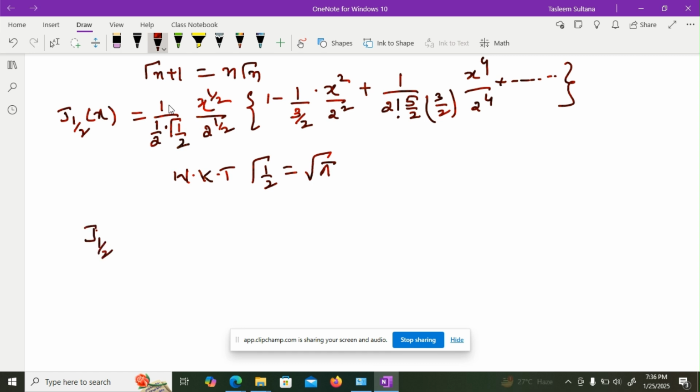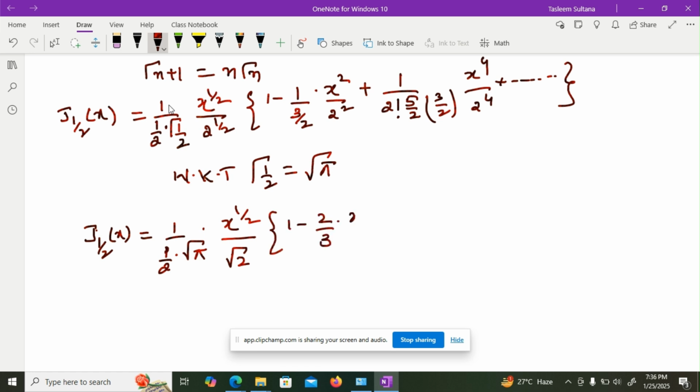J of half of x is equal to 1 divided by 1 by 2 into root pi into x to the power of half divided by root 2. It is equal to 1 minus x square by 6, then we can cancel this 2.